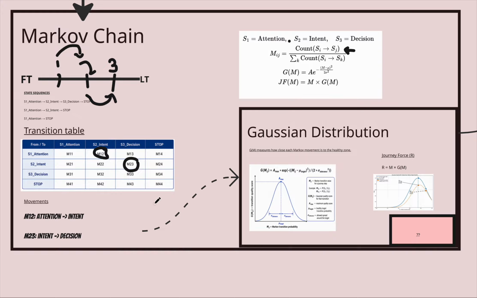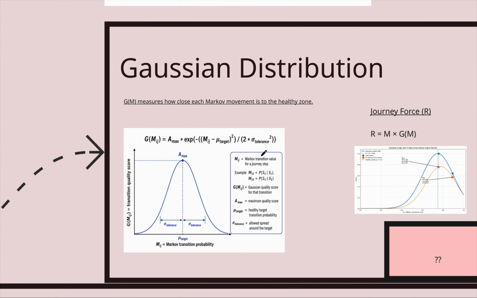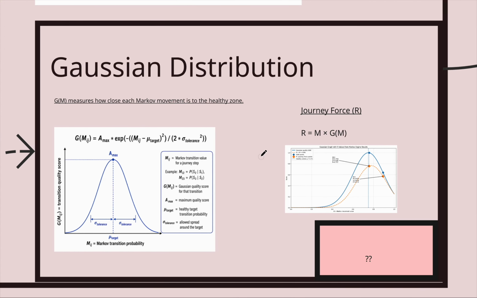Now after the Markov chain has output the M values, we will use the Gaussian distribution to measure how close each Markov movement is to the healthy zone. So here the healthy zone is the midpoint on the Gaussian curve. This will be the low tolerance, and this part here will be the high tolerance.